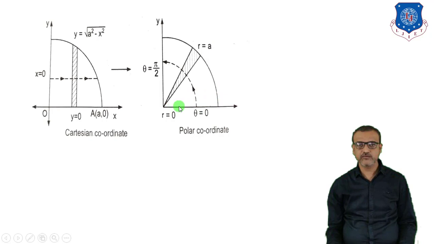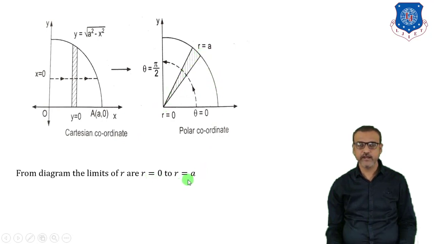So in the first quadrant, theta will vary from 0 to pi by 2 and r will vary from 0 to a. From the diagrams, the limits of r are from 0 to r equals a. You can see that from this strip, here r is 0 and at this point r equals a.